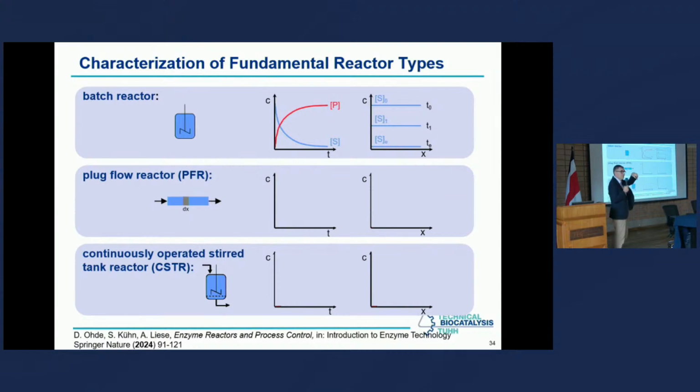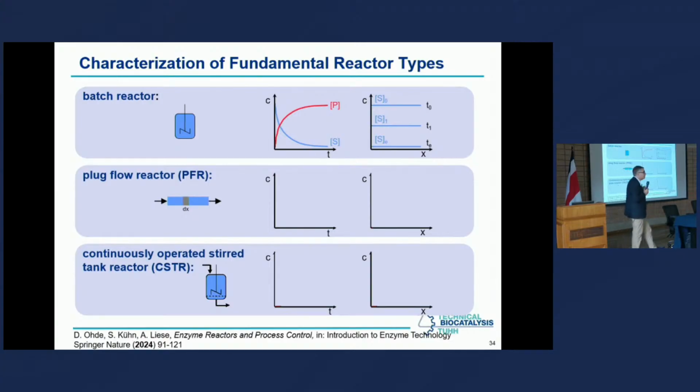We have it well mixed, so the concentration should be identical in every place in the reactor. Now, as the reaction proceeds and we produce more product and starting material is consumed, the starting material decreases at the different locations, everywhere identical at a given time point. Okay, I think that's clear for everyone, right? Perfect.